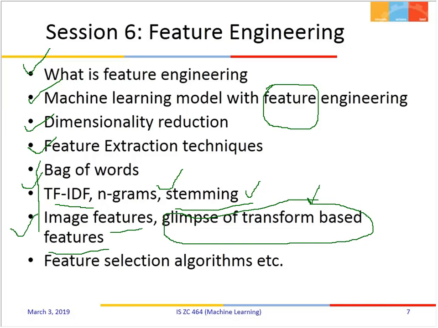Then we just had a reference of feature selection algorithms such as principal component analysis and the other technique of forward selection and backward elimination. Of course, we could not find sufficient time on that day to discuss the feature selection algorithms more in depth. We will see if in future there is sufficient time available, then we will discuss.